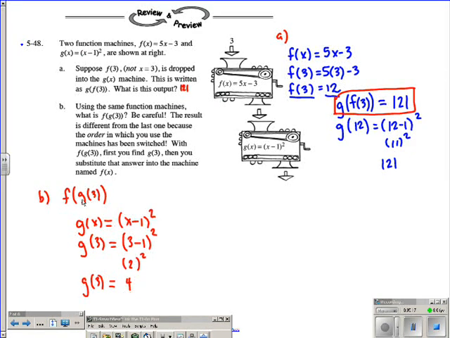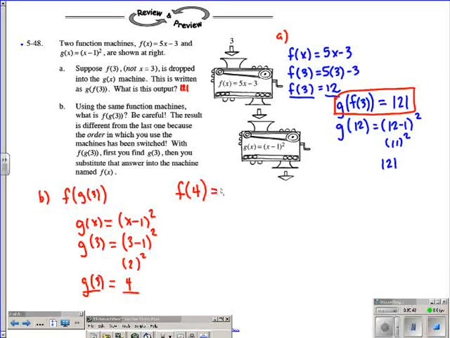So that means if we take the output of g of 3 and put it in as the input for our f of x, it's the same thing as saying f of 4, because remember these have the same value. Then we substitute it in, just like we did the 3 up here.